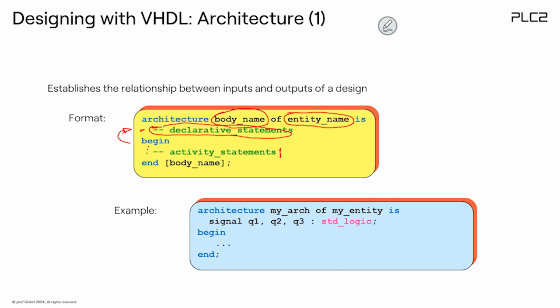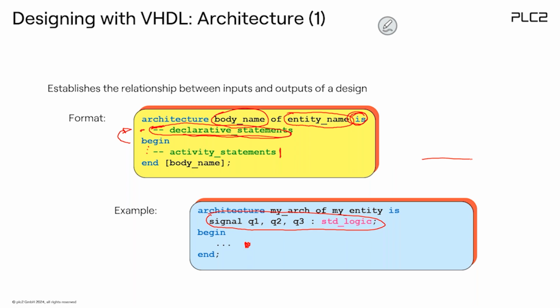Very, very often we have to use the declarative statements right here between is and begin. For example, if we need internally to use maybe some signals to describe something, then you have to define first the signals right here. And again, because an internal signal is just a connection from A to B, there's no direction, there's no mode.